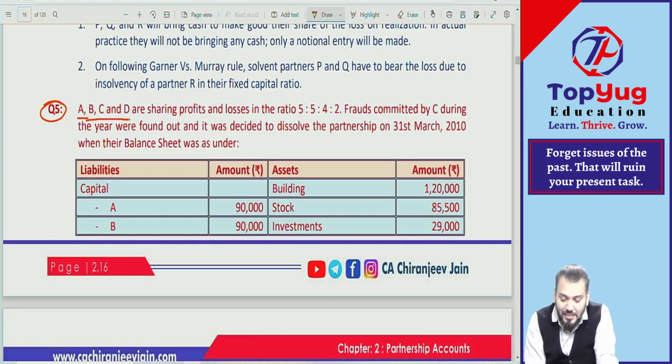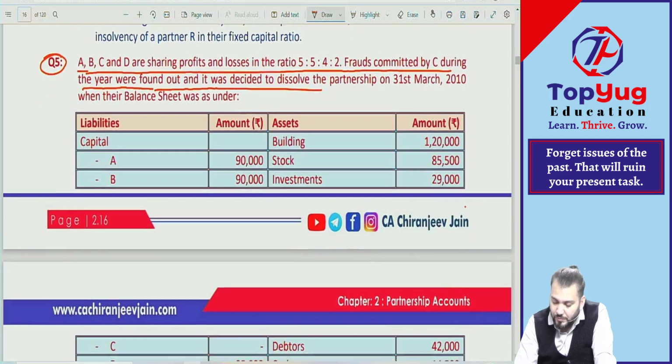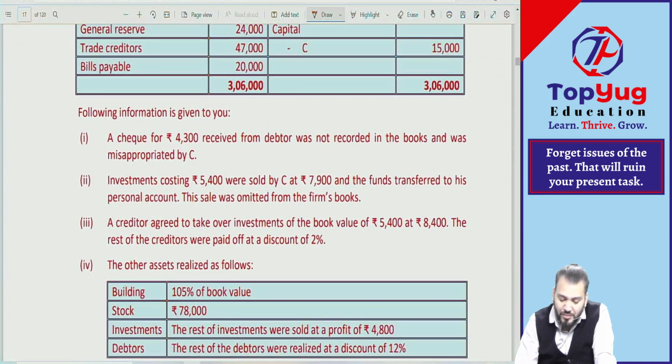A, B, C, D are sharing profit and losses in this ratio. Fraud committed by C. Already I have read this question. During the year we found out the fraud committed by C and decided to dissolve the partnership. You can see the balance sheet has been given. Simple balance sheet.